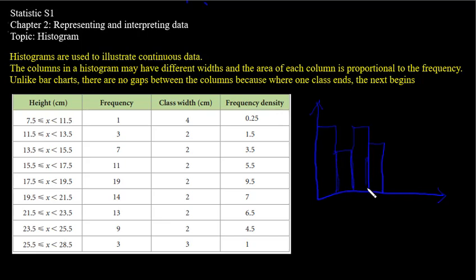The vertical axis represents the frequency density, and the horizontal axis represents what the data represent, like here, the h in centimeters.